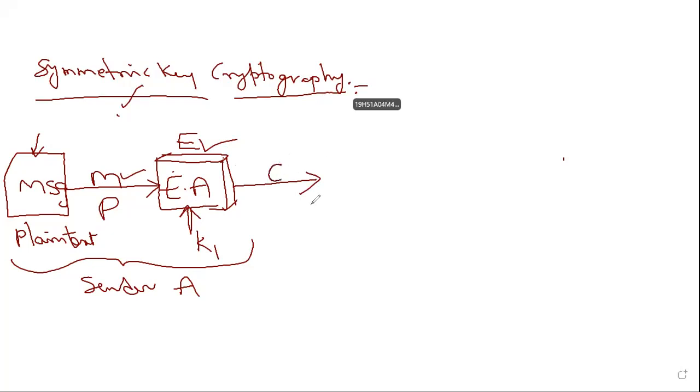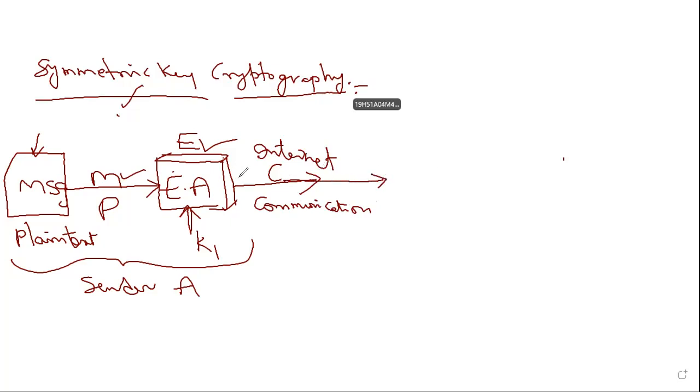Then sender and receiver use a communication channel, any established or selected channel, or they may use the internet for sharing this information. So the ciphertext is transmitted to the receiver.